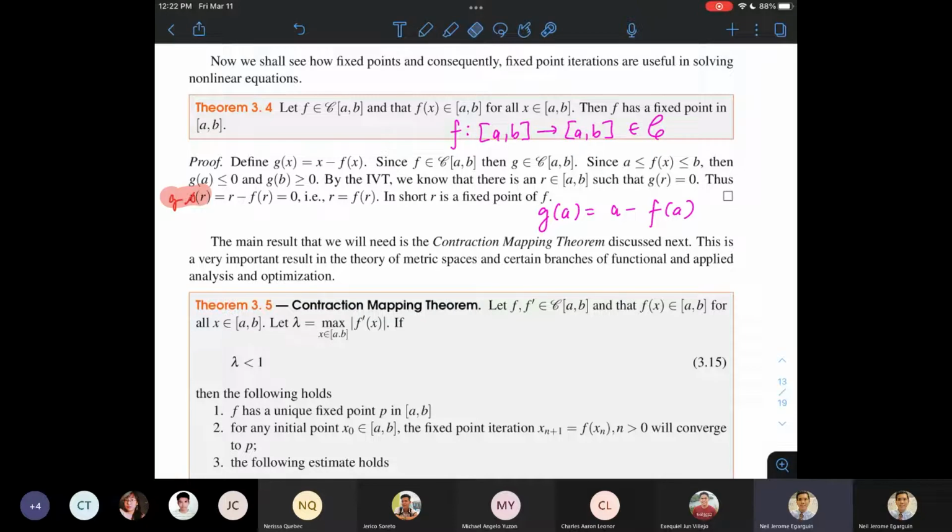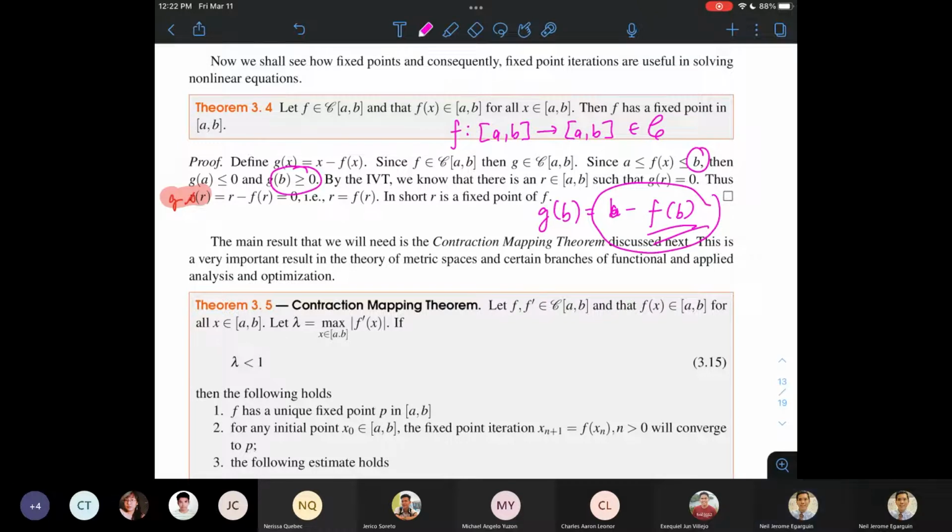Okay? On the other hand, if you plug in b here, g of b equals b minus f of b. But f of b is smaller than b, less than or equal siya kay b. So ibig sabihin yung f of b, the subtrahend, is less than or equal to b, so that means this is non-negative. All right? So g of b is greater than or equal to 0.